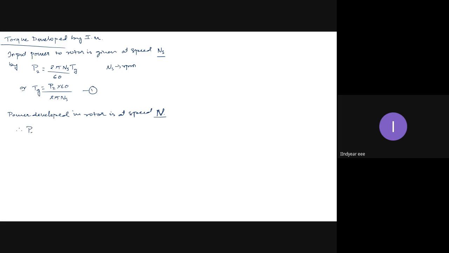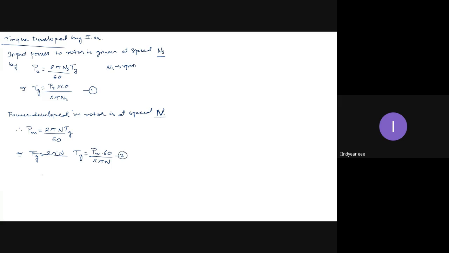Therefore, Pm is equal to 2 pi n Tg by 60, or Tg is equal to Pm into 60 divided by 2 pi n.